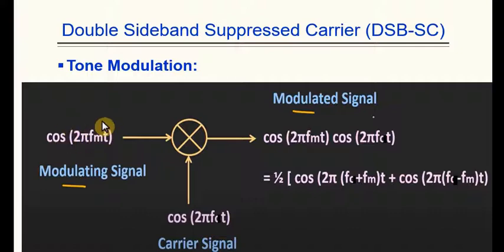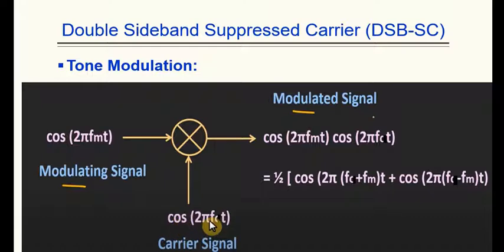Here we consider now tone modulation. Now we consider only the message signal is a sinusoidal wave, which is equal to cosine 2 pi fmt. And here we have the carrier. This is how we generate the double sideband suppressed carrier signal, but using the tone modulation signal.